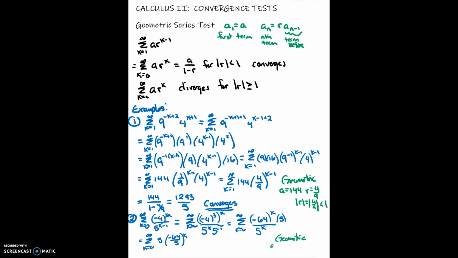And I recognize that a is 5 in this case. r is -64 over 5, so the absolute value of r, absolute value of -64 over 5, gives me 64 over 5, which is greater than 1, so that means this one diverges.